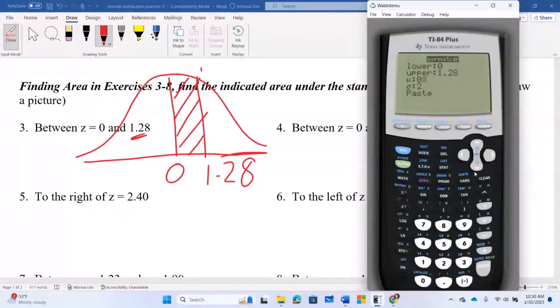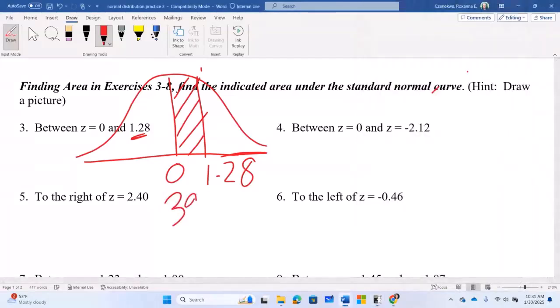We just said that. We verified that. And the standard deviation of a standard normal is 1. If it's a standard normal, you are counting in standard deviations. So I'm going to find the area. And that area is 39.97%. So the area of the shaded region is 39.97%.